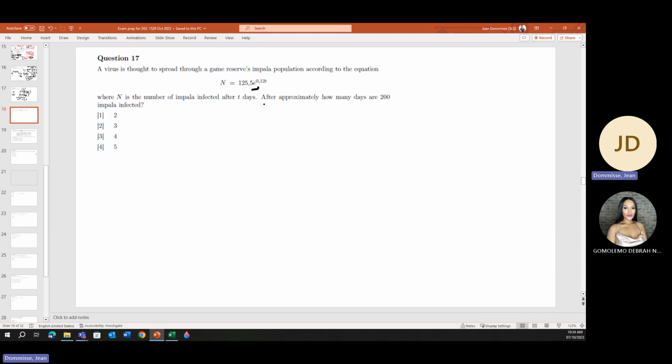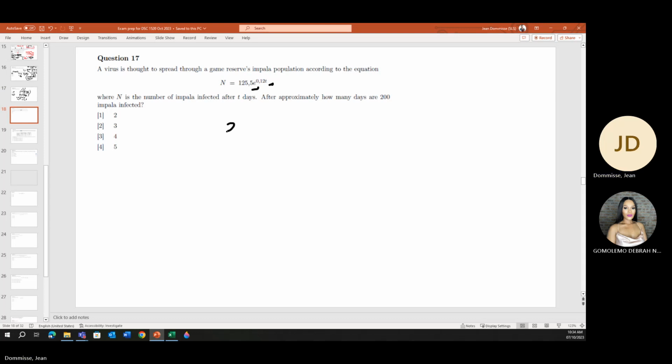So the virus is thought to spread through a game reserve's impala population according to this formula, where n is the number of impala infected after t days. So now they're asking us, after approximately how many days are 200 impala infected? So we want to know actually after how many days.